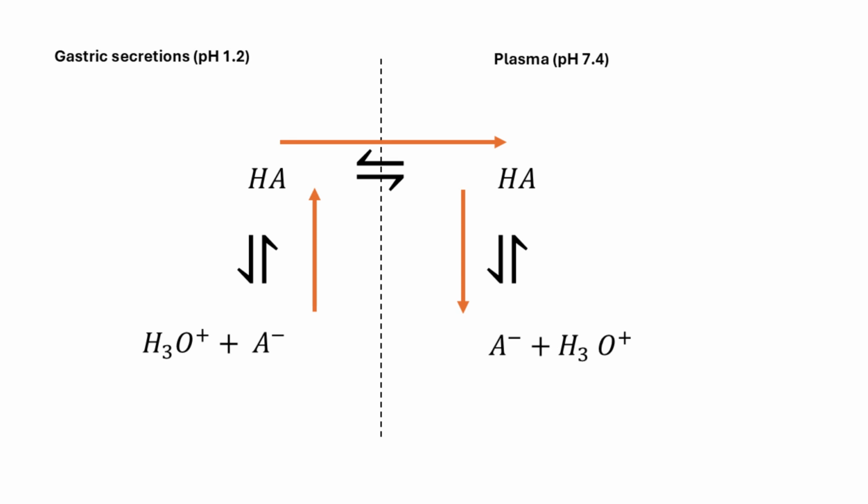However, once the unionized weak acid passes into the plasma, which has a pH of 7.4, it becomes extensively ionized. This creates sink conditions, where unionized weak acid will be rapidly absorbed from the gastrointestinal tract to maintain the equilibrium in unionized weak acid concentrations between the gastric fluid and plasma.